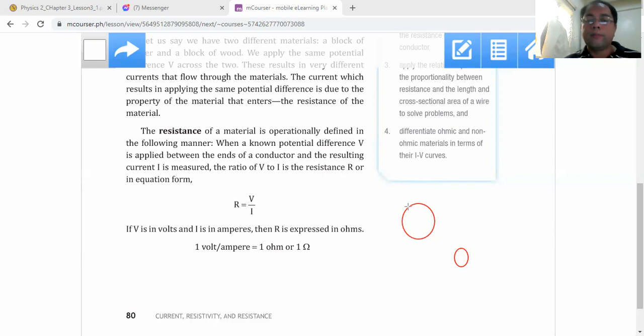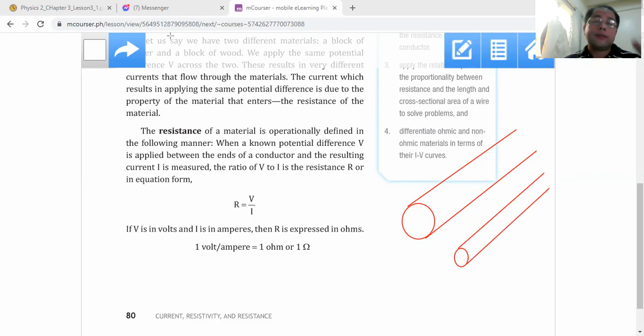They are both copper, but one copper wire has a huge cross section, and the other one has a smaller cross section. These are two different wirings. Now, these wirings, again, have their own cross sections.